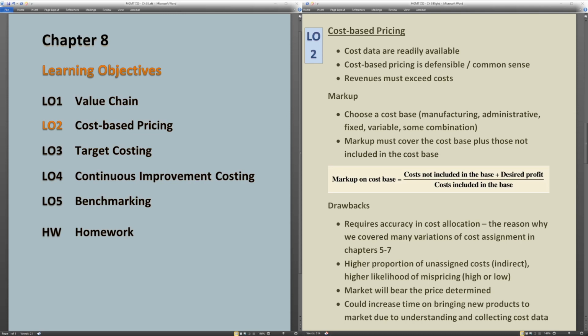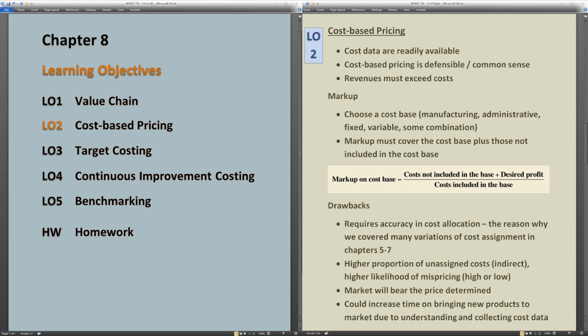One of these 4 is going to be predominant, meaning it's going to be the driver of the majority of your costs, or it's going to be the one that's most variable, or the one you're examining the most. So with this markup, what they're saying is choose the one that for your business you're really focusing on, and then the markup must cover that cost base plus those not included in the cost base. And maybe those are more standardized or don't need as much attention.